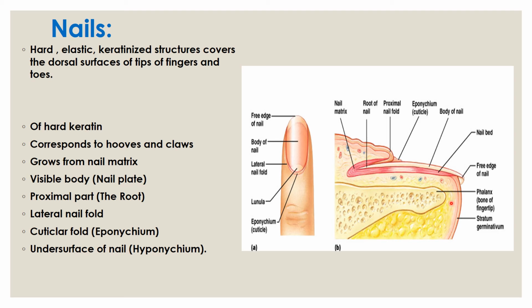Now you can see this stratum basale, which is also called the stratum germinativum. Now this nail bed is embedded over this layer of the epidermis, and it grows from the cells of the nail matrix. So this is the free edge of the nail, and the undersurface of the nail is called the hyponychium.